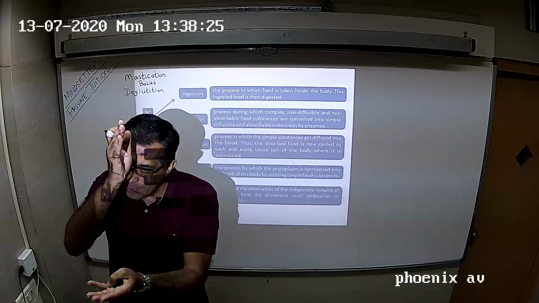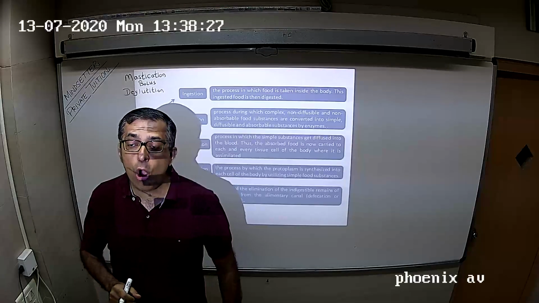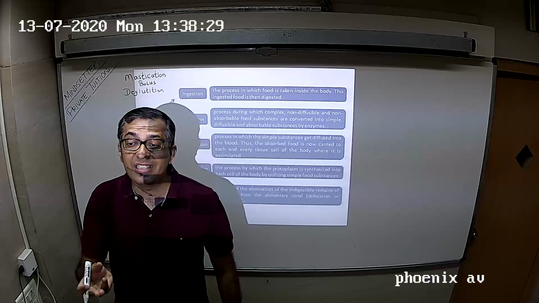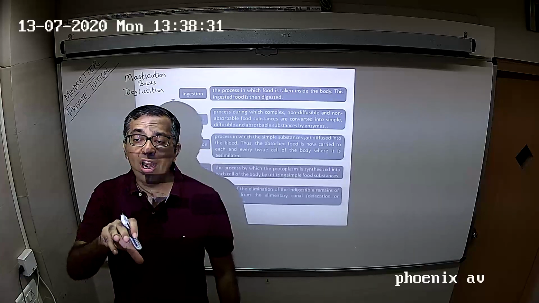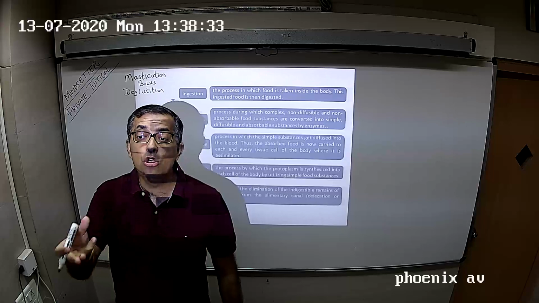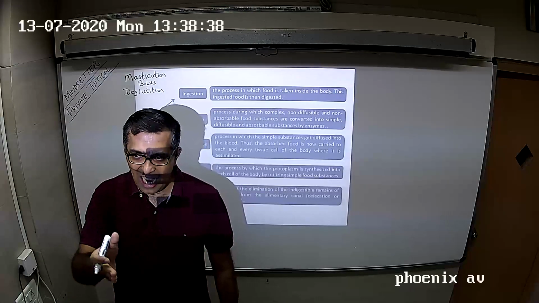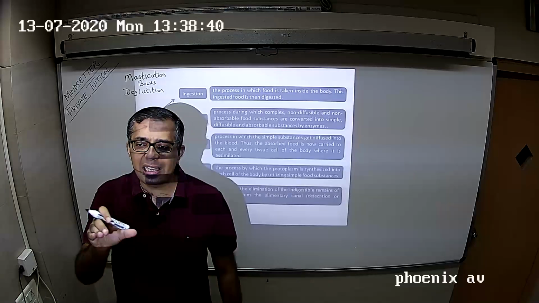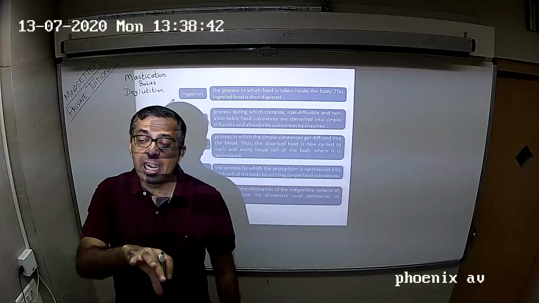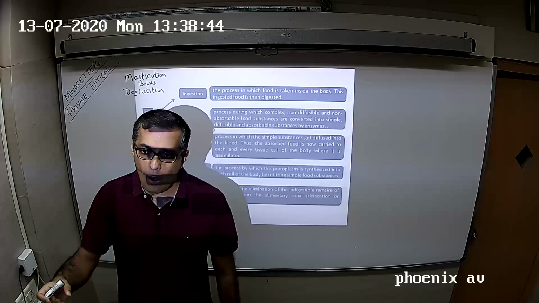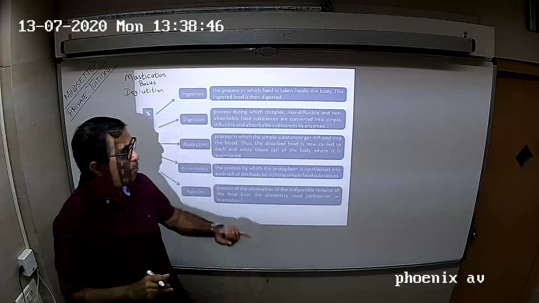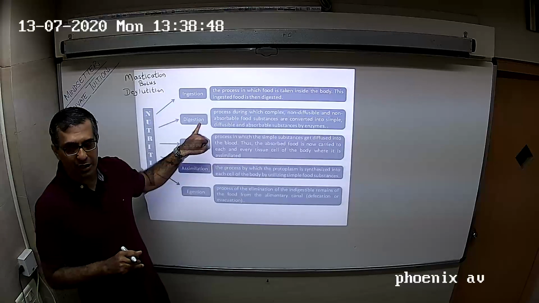The enzymes break down the complex food into simple food, non-absorbable food into absorbable food, and that process by which enzymes convert complex and non-absorbable into simple and absorbable substances is a process called digestion.